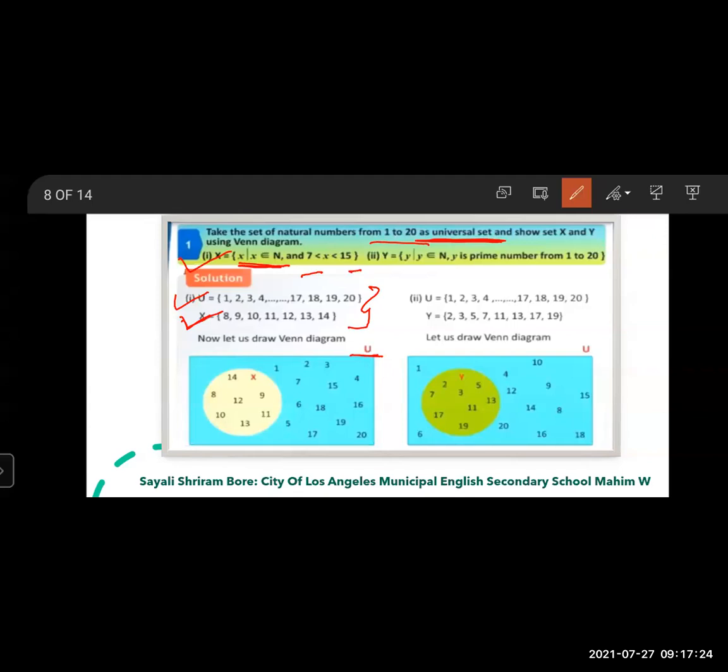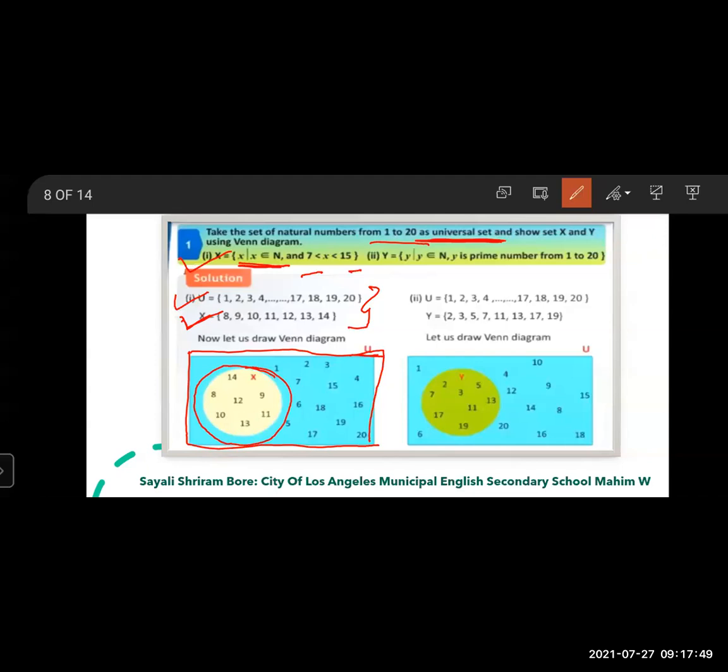So in this universal set, one smaller set is there, that is the set X, and in that set there are elements 8, 9, 10, 11, 12, 13 and 14. So you first draw a rectangle to show it is a universal set.